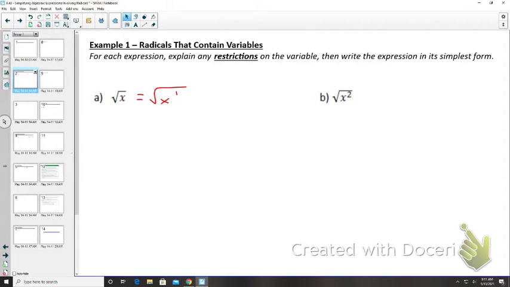Now, when we are finding restrictions, we do need to take note of the degree of the exponent, okay? So if it is an odd exponent, then we need to have a positive value for x.